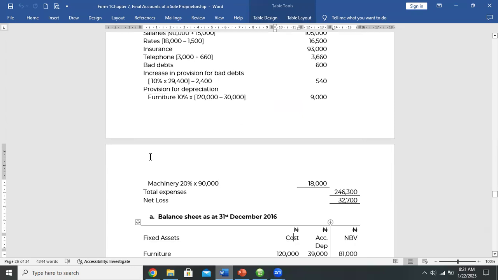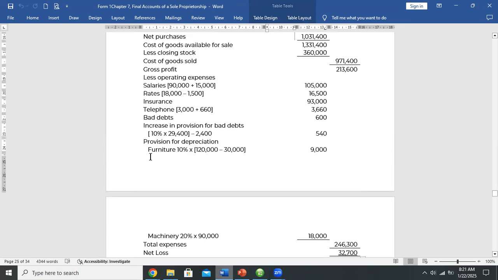In your profit and loss account, you see, under your expenses, of course, the telephone is an expense, right? So you see the 3,000, we add the 660 outstanding, okay? And whatever we get becomes the total expense for telephone.